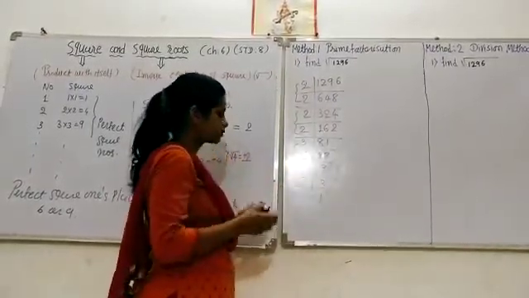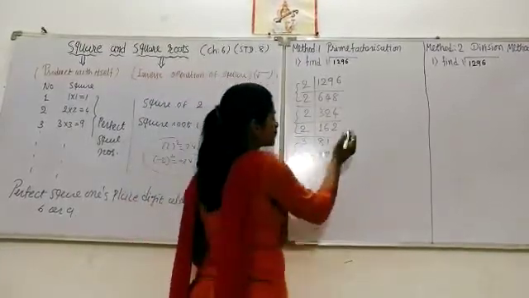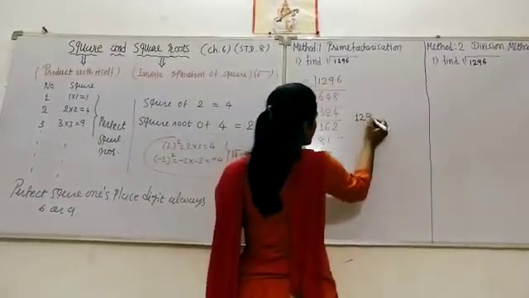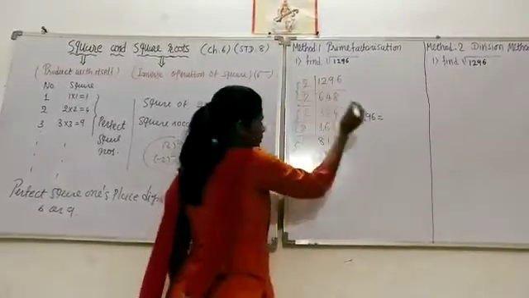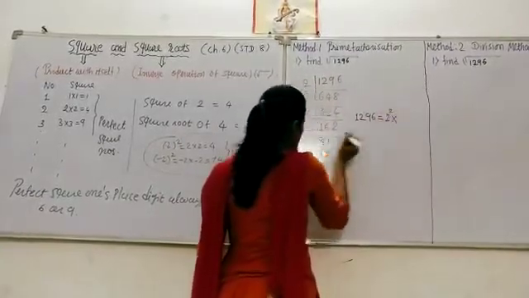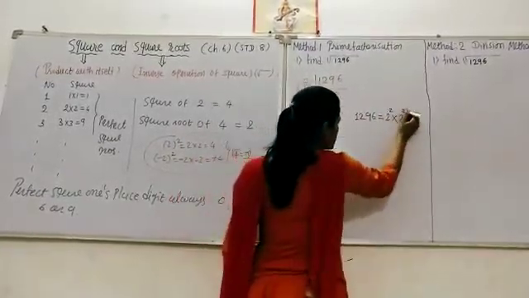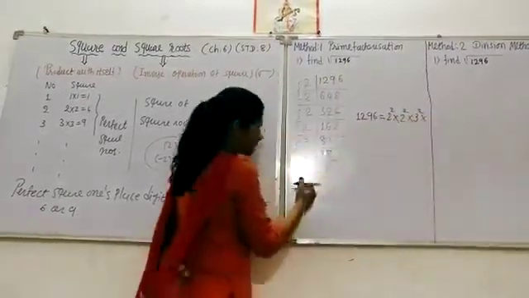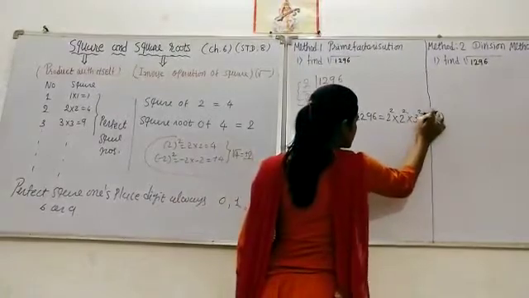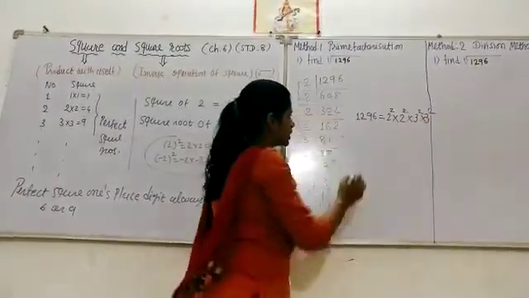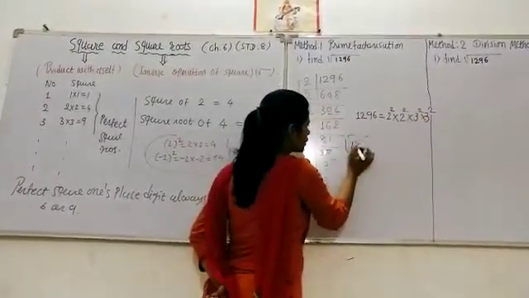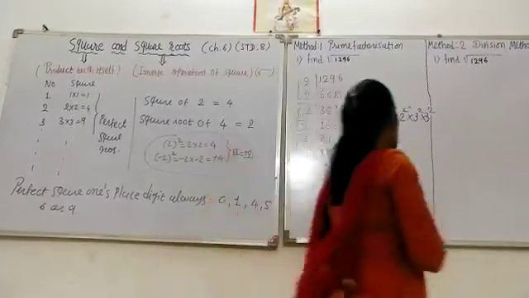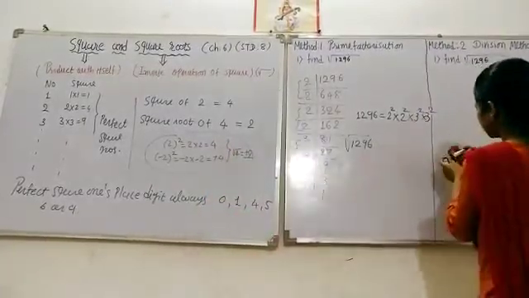Now, for finding its square root, instead of 1296, you can write 2 square, multiply this 2 square, multiply this 3 square, multiply this 3 square. Now, here find square root of 1296.